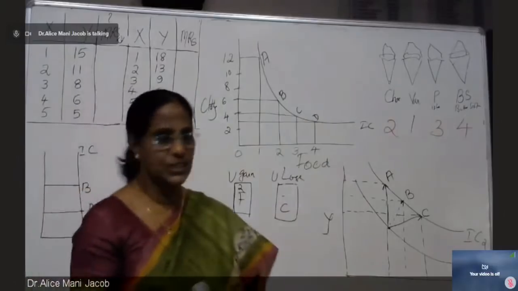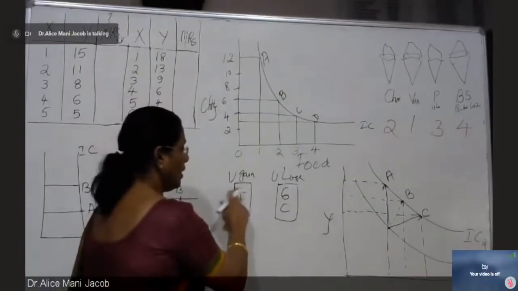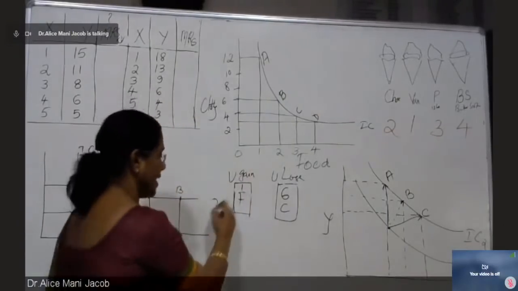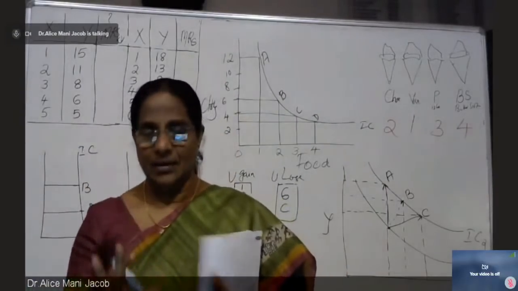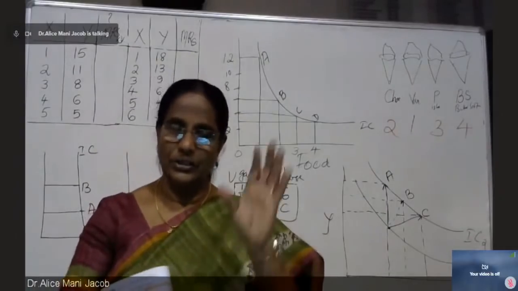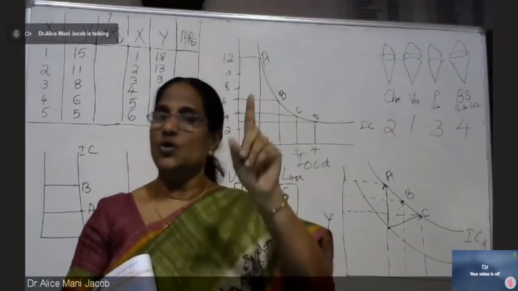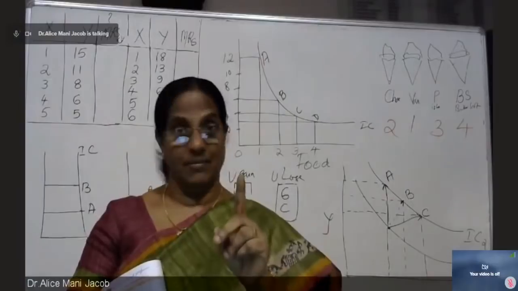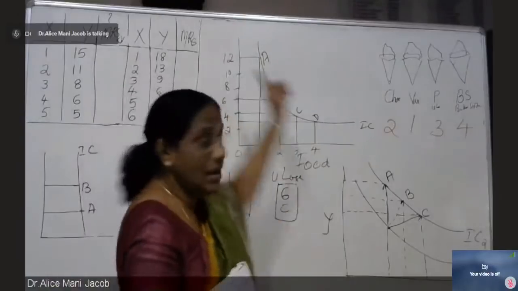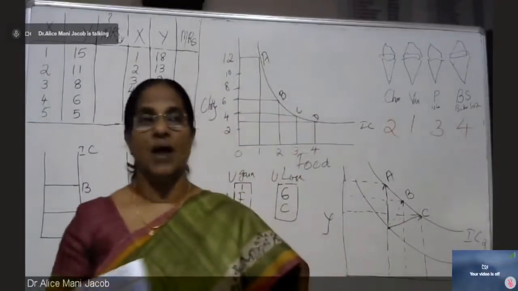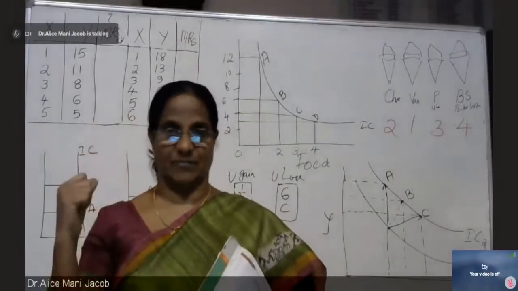Now, what is the ratio? That is 6 units of clothing you are giving up only for 1 additional unit, that is the second unit of food. This is the reason. For example, according to the law of diminishing marginal utility, when you have only 1 food, your marginal utility for food is so high. Then you have 12 units of clothing, you have so much clothing, your marginal utility for clothing is less.